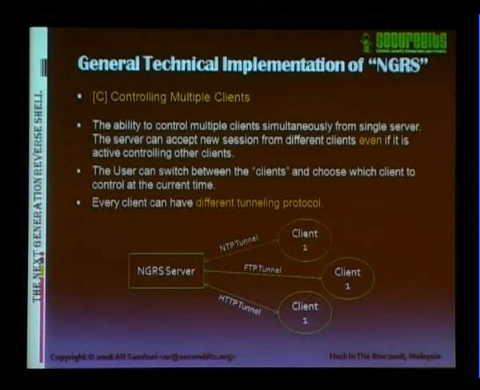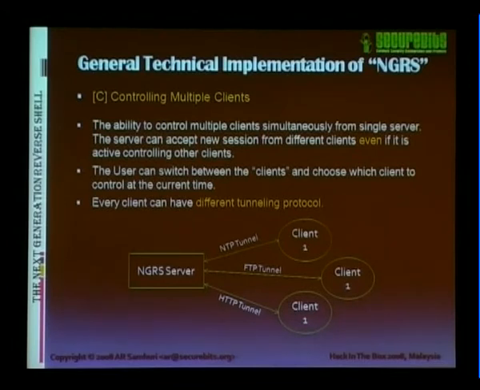Controlling multiple clients. This is the third implementation feature. Controlling multiple clients happens when the server is listening continuously on the available ports. For example, if our server can tunnel reverse shell within HTTP, SMTP, POP3, the server is always listening on those ports, and any new client that connects to the server informs the user of this new client.